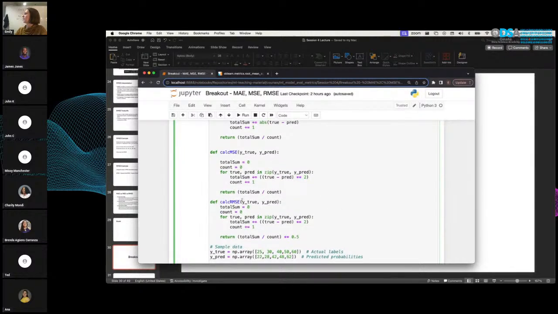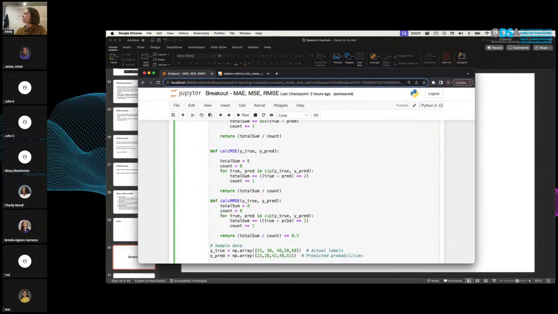And then for the final one, calculate the root mean squared error. We are, oh, there you go. That's a way, yeah. So we are squaring them. So the same code up above is down here. We're still taking those true preds, subtracting them, and then squaring them, and we're getting the count over all of them.